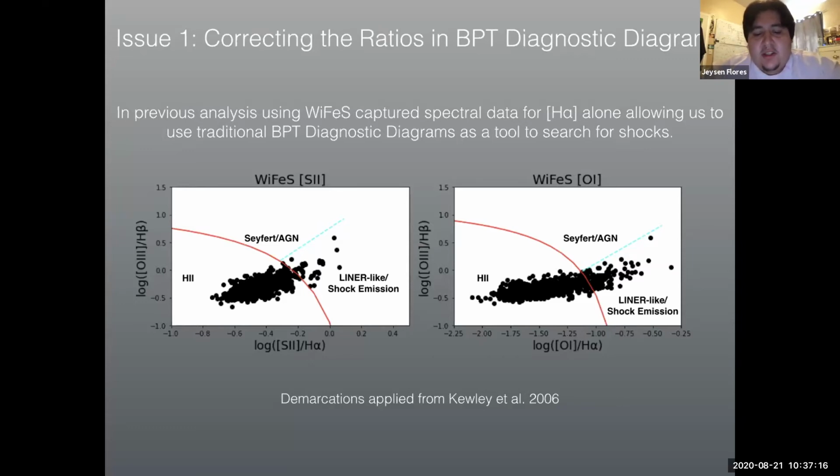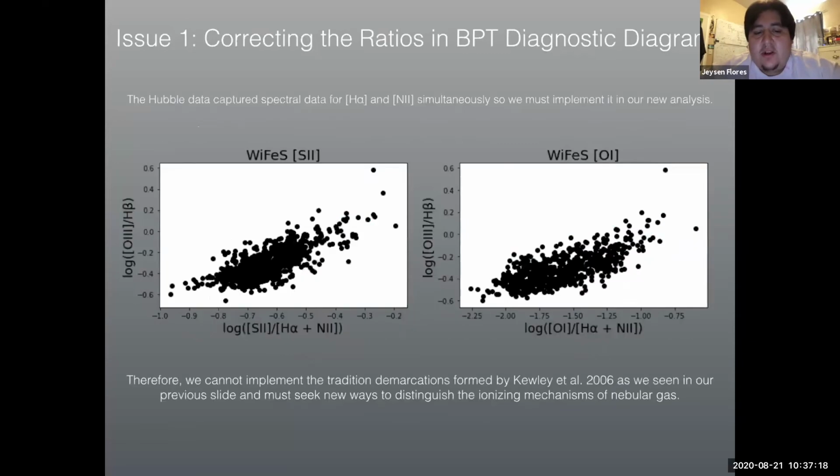Since our Hubble Space Telescope captured H alpha and nitrogen 2 together, we have an issue here. We have to correct our BPT diagrams and actually take into account the nitrogen 2 that was captured within the narrowband filter. So I produced similar plots to those we've seen in the previous slide, but with the sum of H alpha and nitrogen 2.